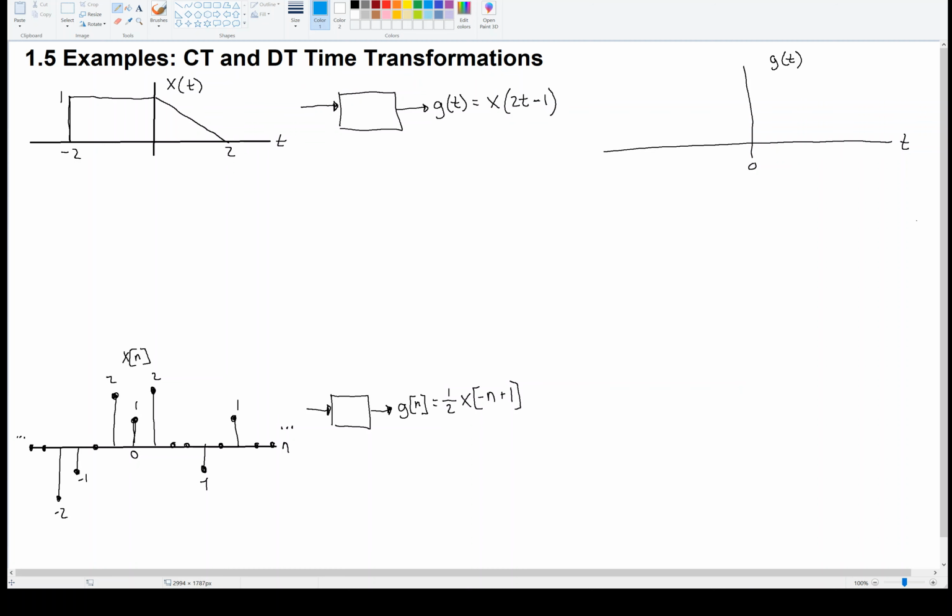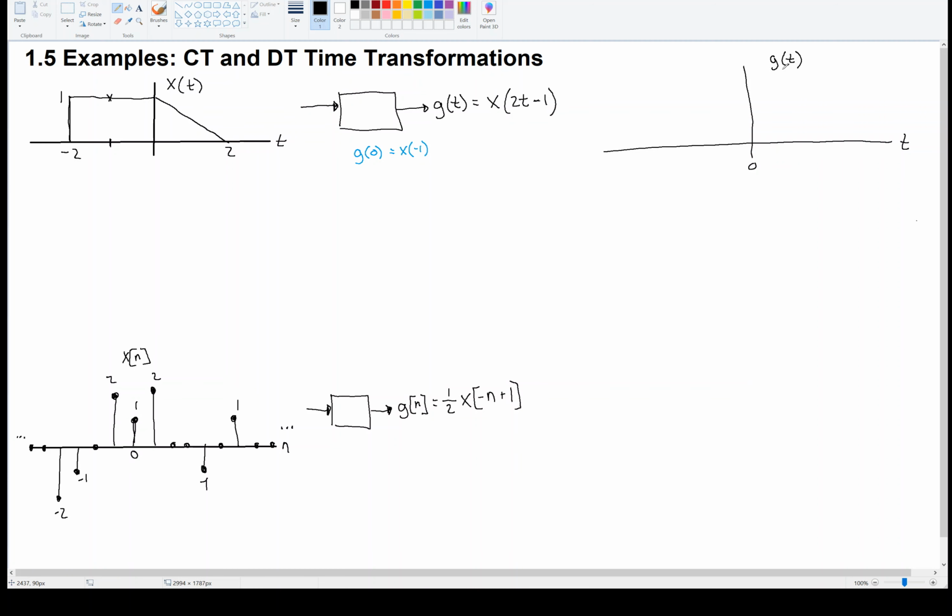So for example, if I plugged in t equals 0, then I would have g of 0 equals x of minus 1. Well, what is x of minus 1? I look over here. Here's where minus 1 is. So x of minus 1 is 1.